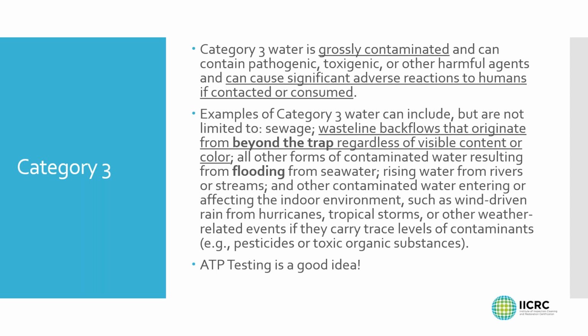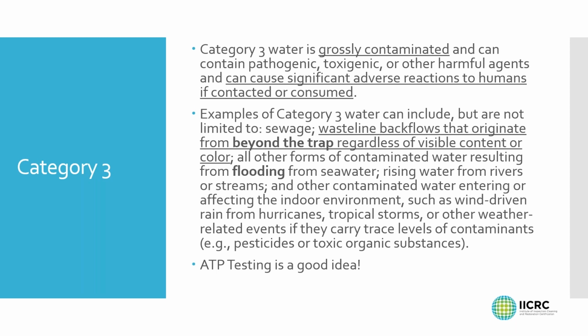And a lot of the studies that I've seen on sewage cleanup, one-time sanitizing and cleaning may not get you to a safe level for those people to be in there from a category 3 loss. So it may take multiple cleanings in order to get down to a safe level.